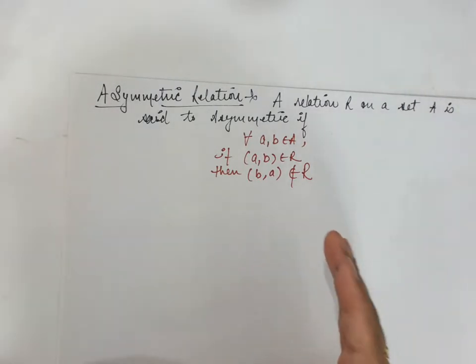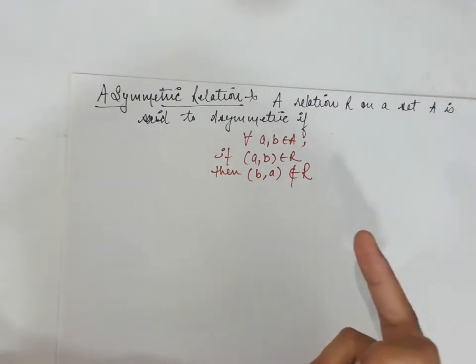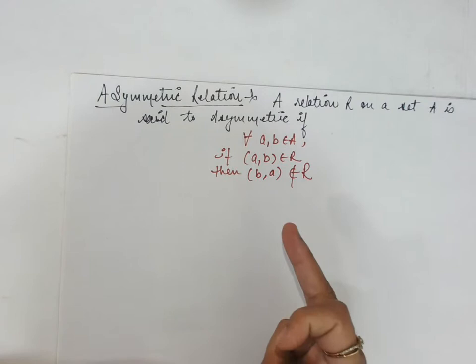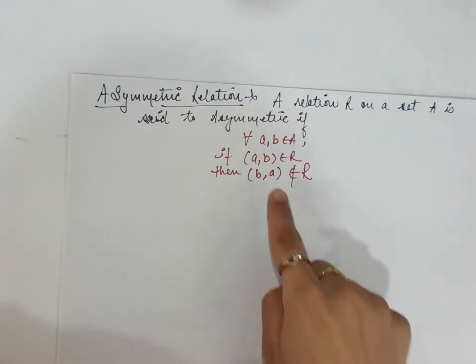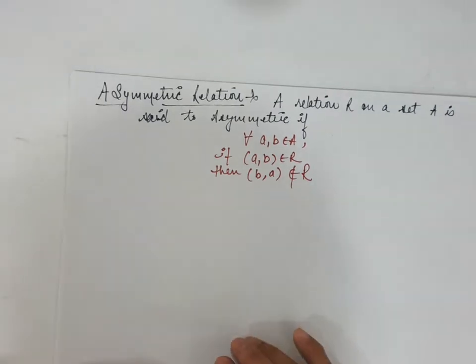Symmetric relation says if AB is present in a relation, then BA is also present. But asymmetric says if AB is present in a relation, then BA is not present in the given relation.